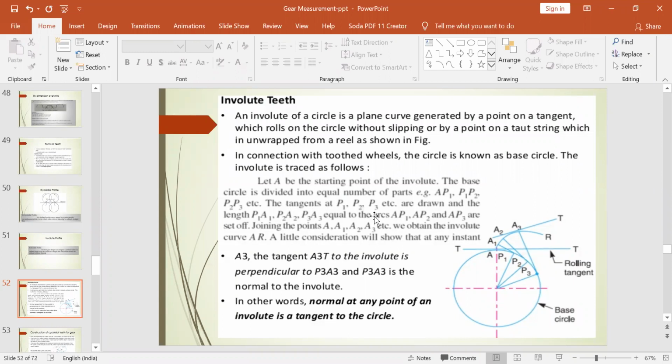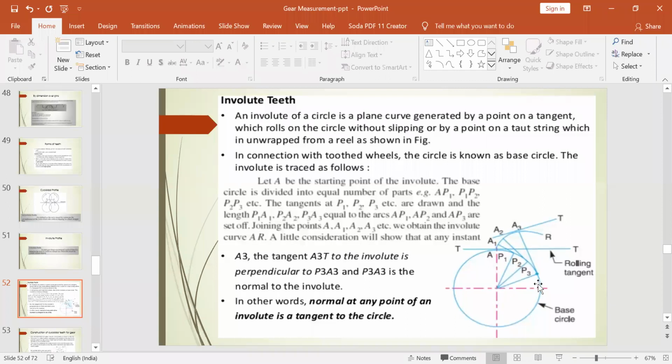Then the tangents at each point are drawn from P1, from P2, from P3, etc. How do you draw them, with respect to what measurements? They are drawn with respect to the length of the arc. So this is P1, and this distance you will measure.